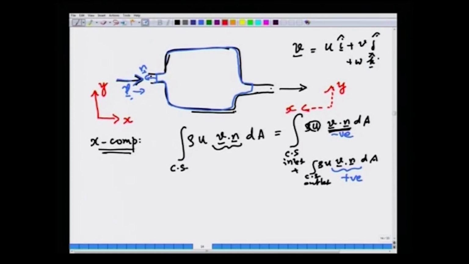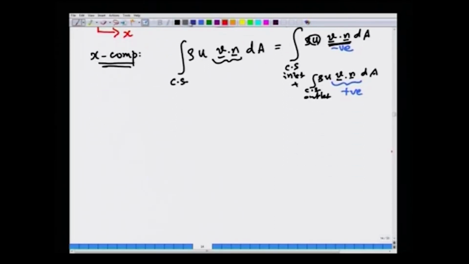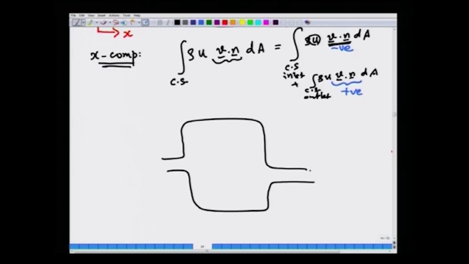Even so, if you want to analyze a problem like that with the new coordinate system, I am drawing the control surface again, same control surface.